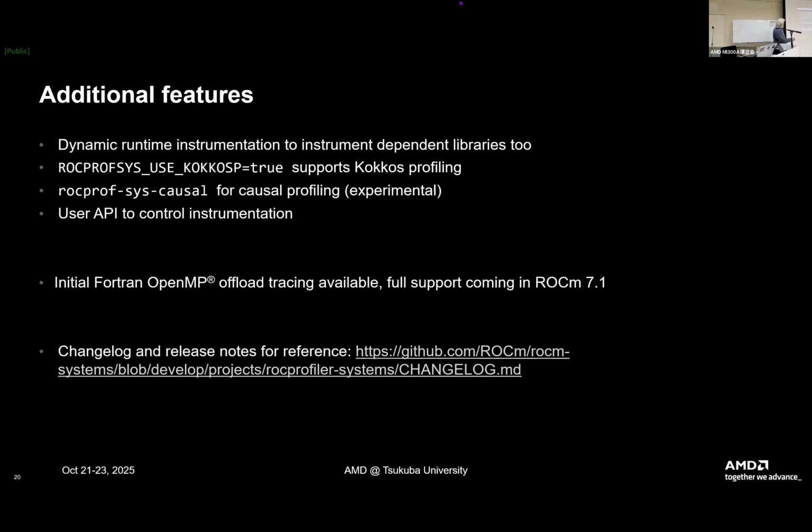It's going to shorten the names of the routines to make it easier to do analysis. We work really closely with the Kokkos teams at Sandia, so we have special support for that. We also support a lot of the RAJA performance tuning. And here we're showing the Fortran OpenMP coming in ROCm 7.1, so quite soon.